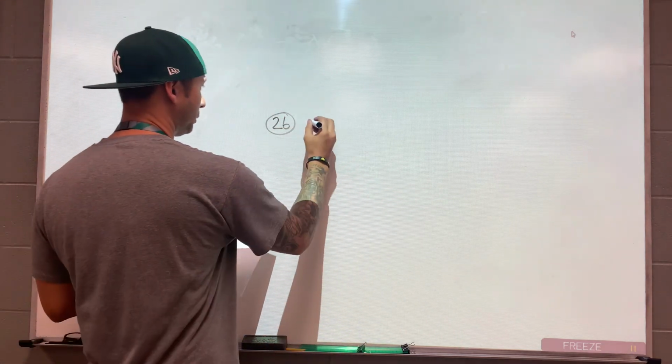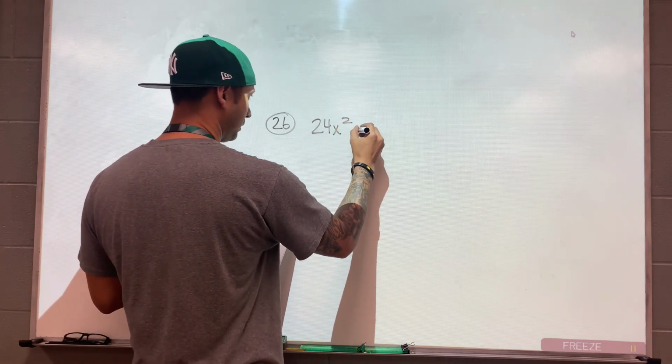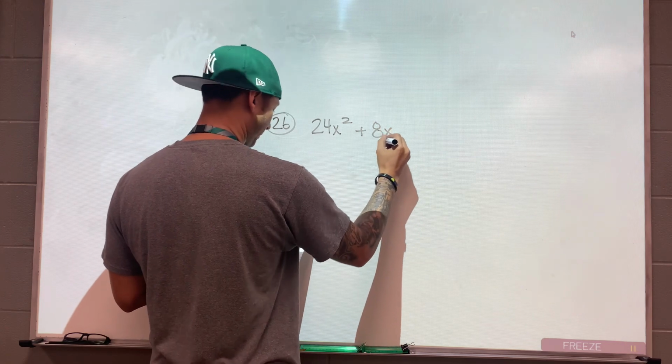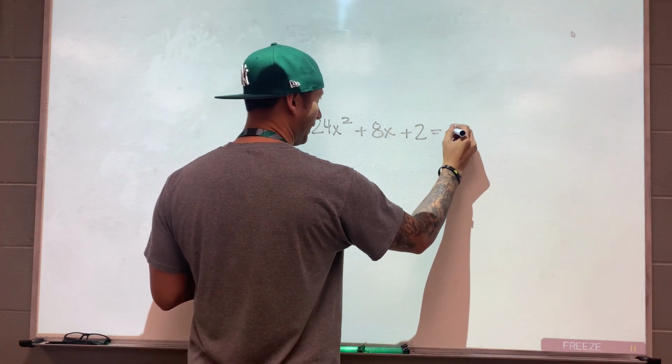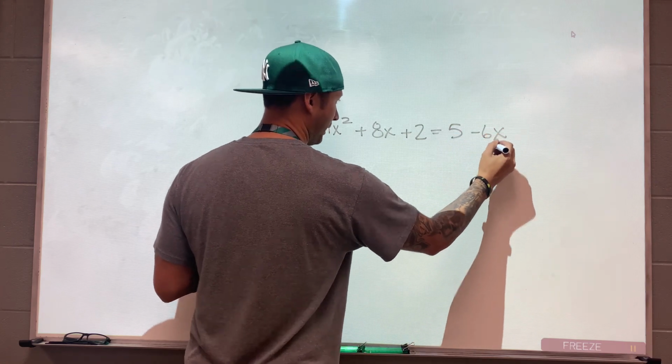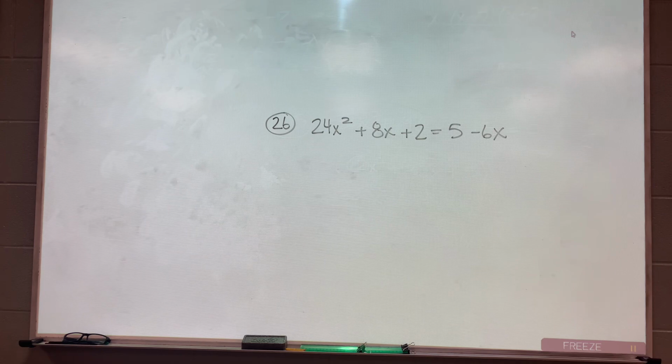Twenty-six is 24x squared plus 8x plus 2 equals 5 minus 6x. All right. I'm going to move everything to one side. One side of what? The equation.